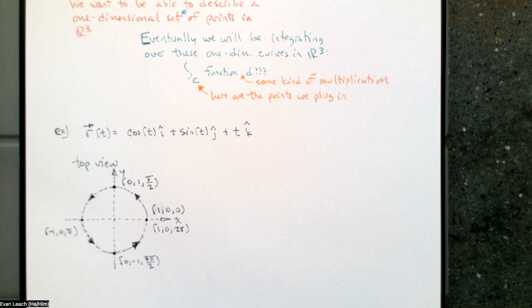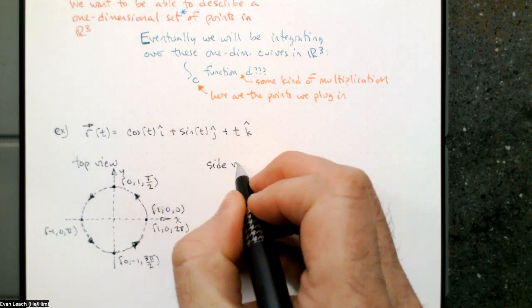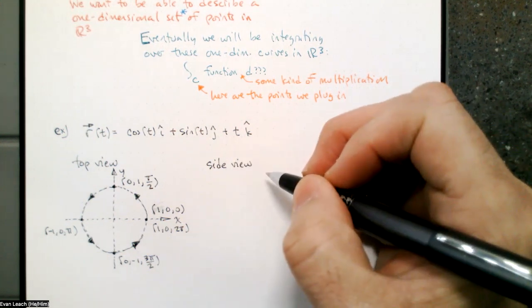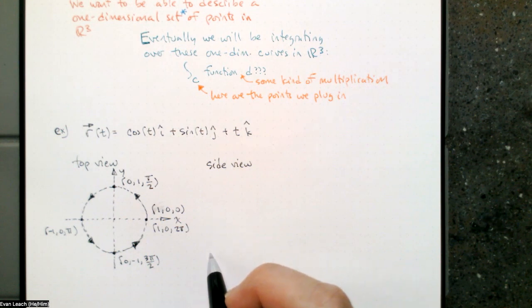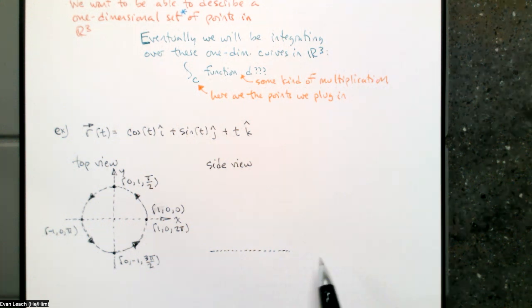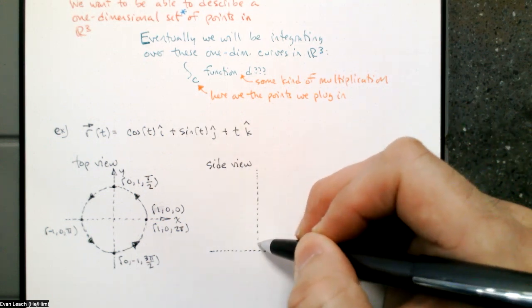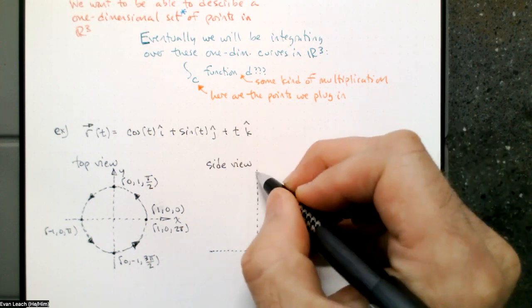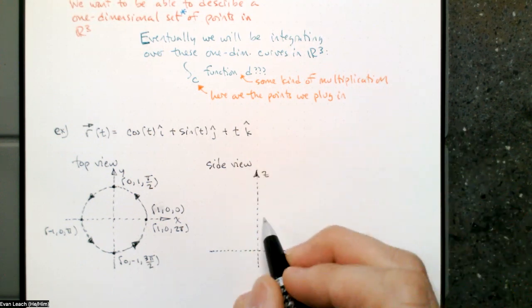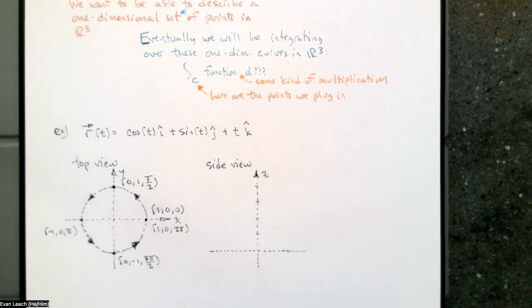Let's look at this from a different view. Let's look at this from a side view and see this circle.